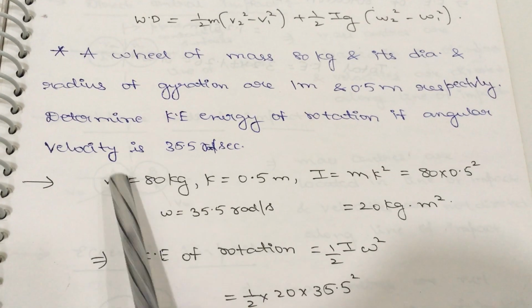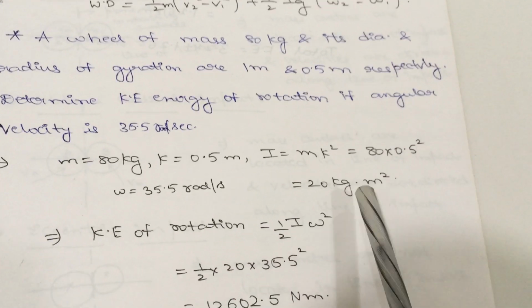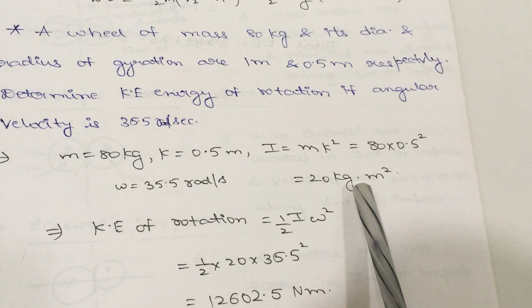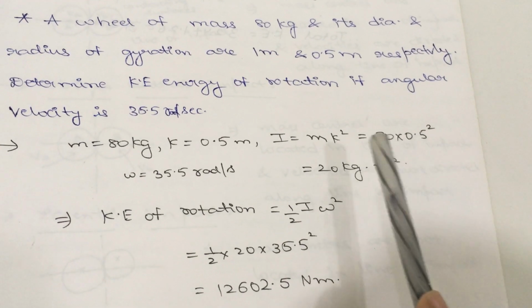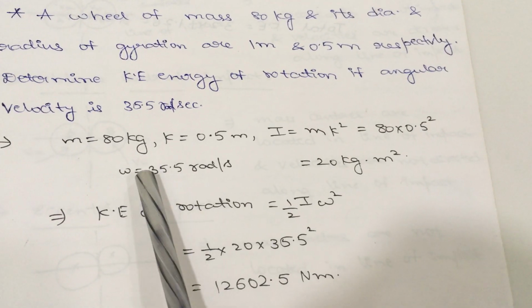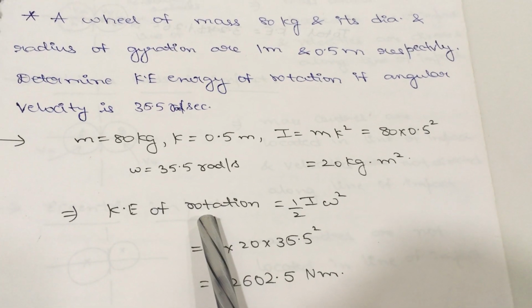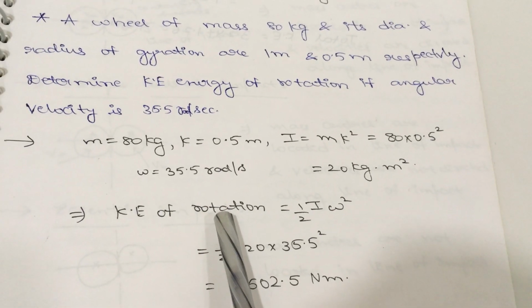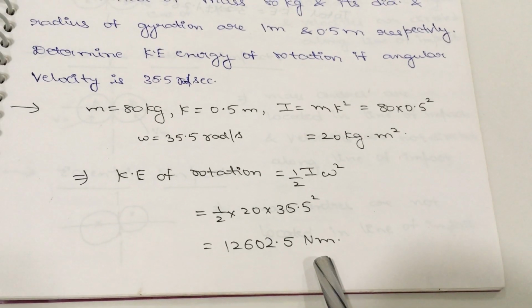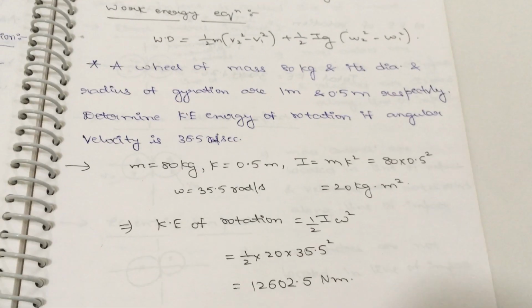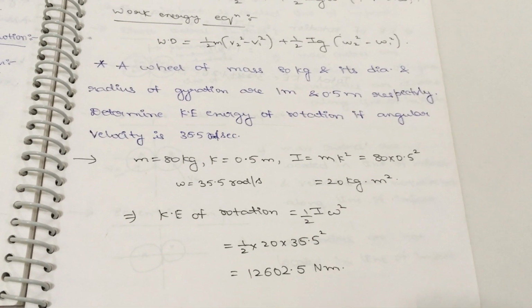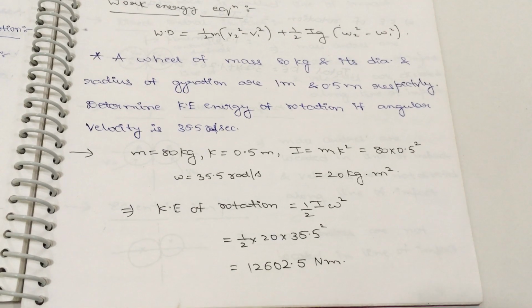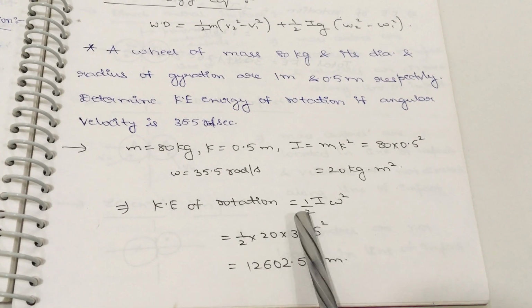So substitute these two values in the I formula. We will get mass moment of inertia value as 20 kg meter square. Now substitute I value, omega value in the kinetic energy formula in terms of the rotational motion. You will get the value in terms of Newton meter. So this is our third problem, in terms of the rotational motion, not plane motion, rotational motion.